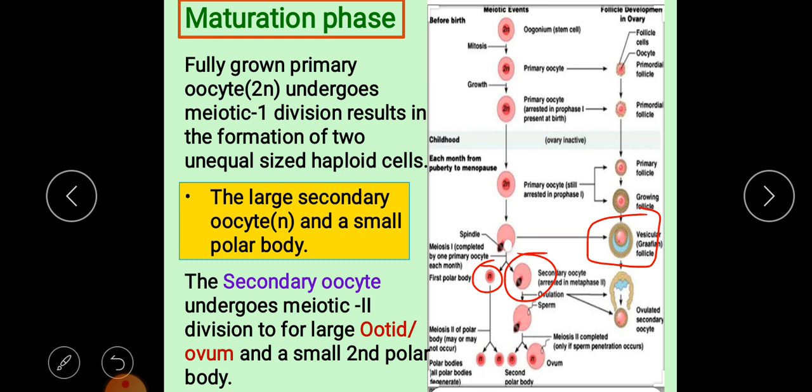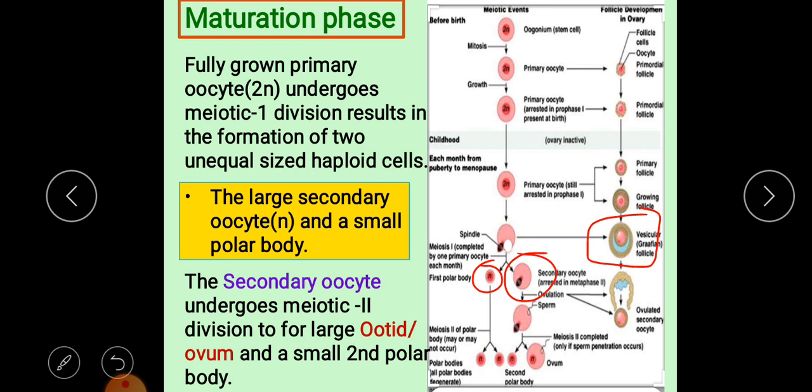Later, the secondary oocyte undergoes meiotic 2 division, forming a large ovum and also a small cell, the second polar body. So what happens in this process?